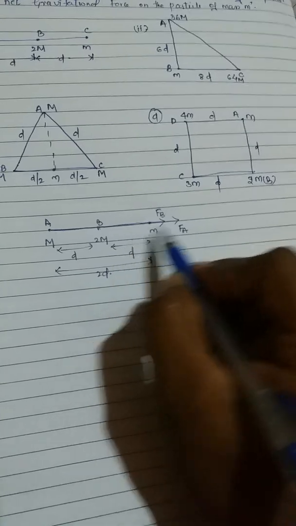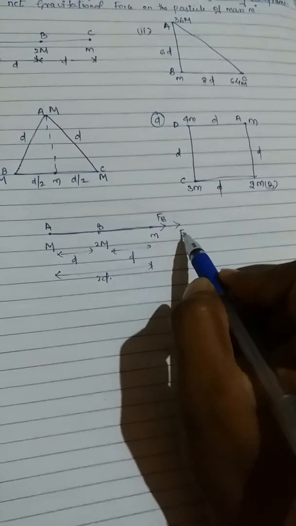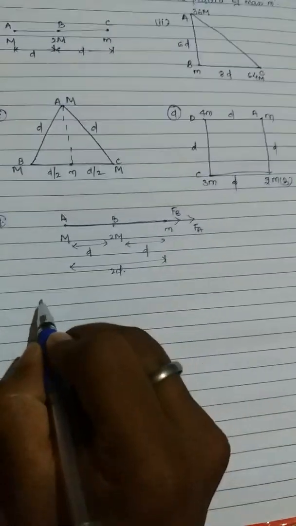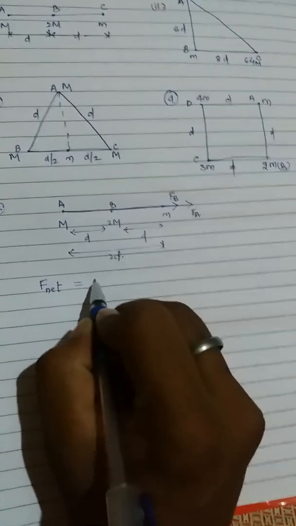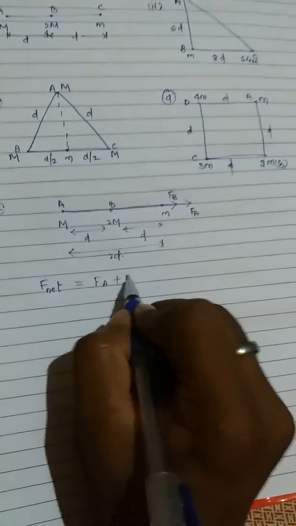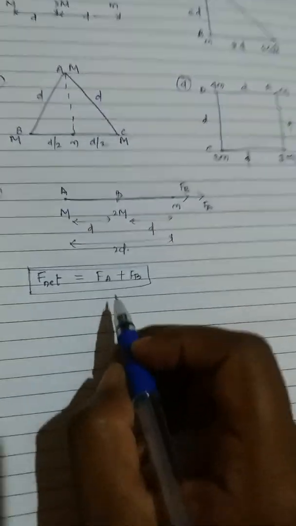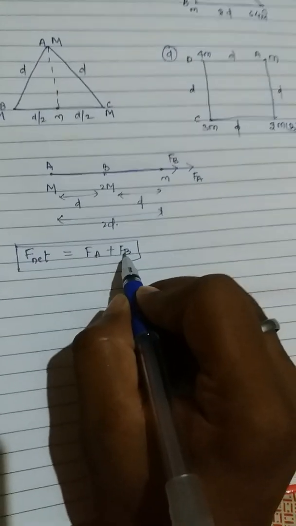What we are observing is that we have two forces, Fa and Fb, and these two are acting in the same direction. So we can say the net force, F net, is equal to Fa plus Fb. Now to find this F net we need the value of Fa, and we need Fb. So we first find Fa and then we find Fb.